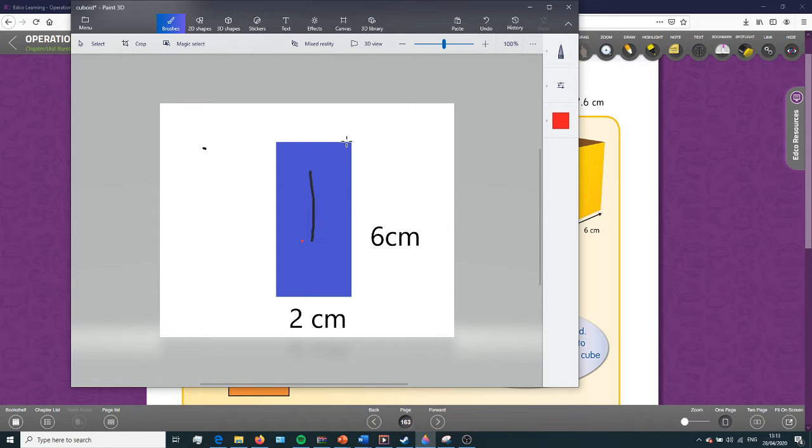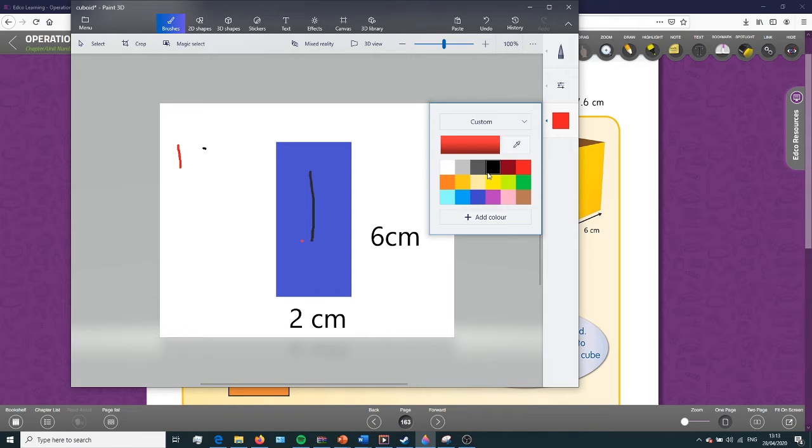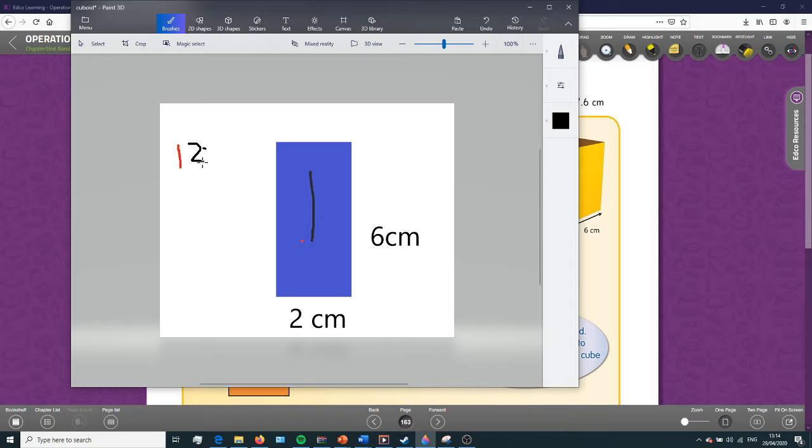Well, again, just the height by the width, the side by the side. 6 times 2 is 12. Okay, so 6 times 2 is 12 centimeters squared. And I'm going to draw a rectangle over that to tell me that that's the rectangle.